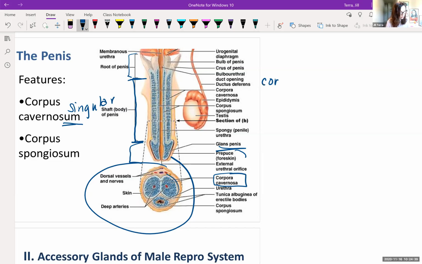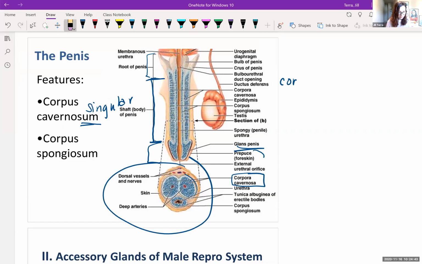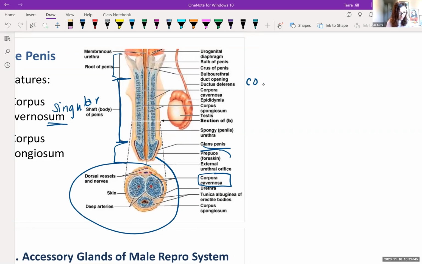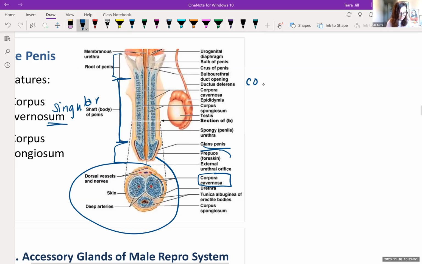Again, these are these two structures. So they're cavernous, they're large. Cavernosum. Okay. And again, there's two of them, so cavernosa.